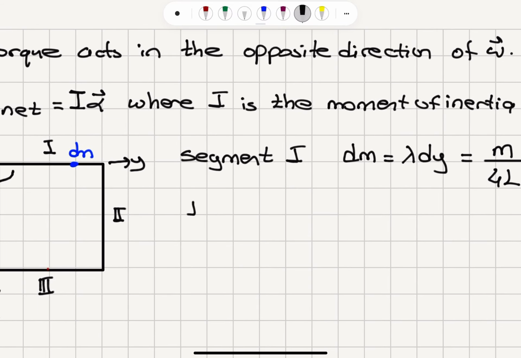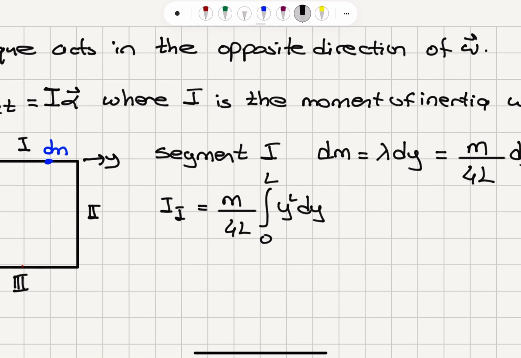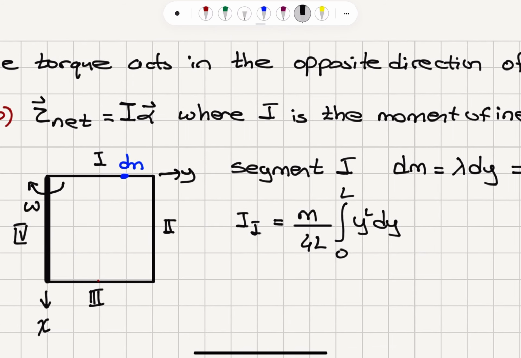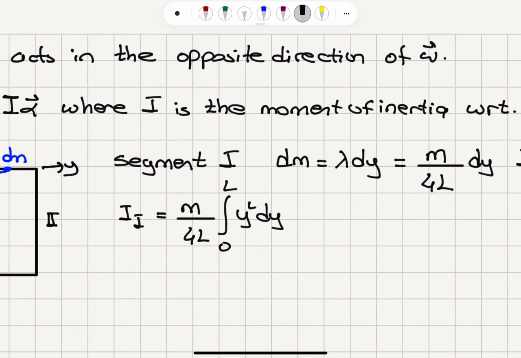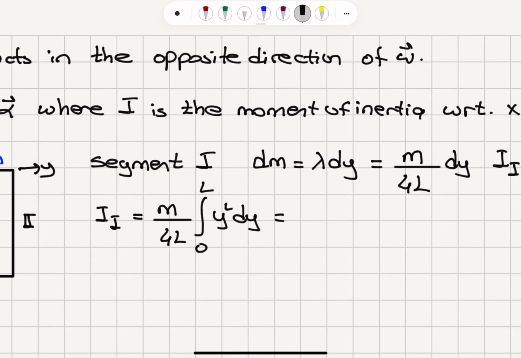So the moment of inertia for the first segment is m over 4L, integral from 0 to L, y squared dy, because I'm at a distance y here from the rotation axis. This is going to give me m over 4L, y cubed over 3, which is L cubed over 3 when evaluated between 0 and L. The answer is mL squared divided by 12.